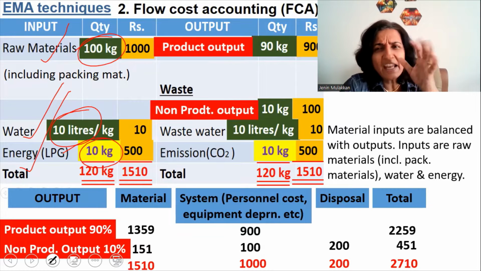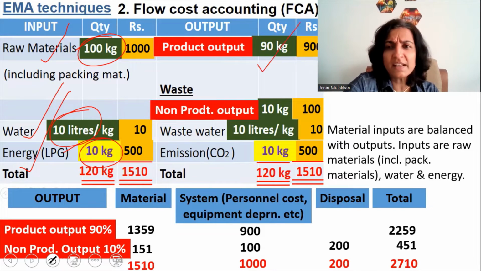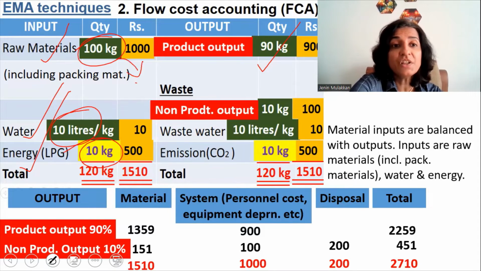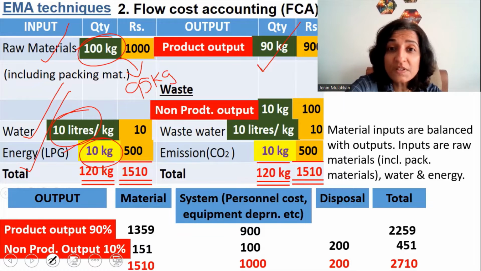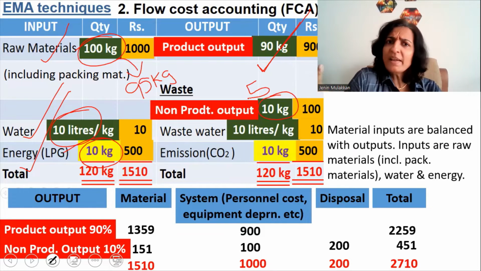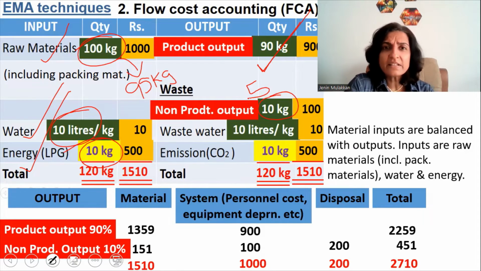If you can reduce any of these materials to produce this 90 kg, just imagine the situation. Instead of using 100 kg, if you can use just 95 kg of raw materials to produce the same quantity of 90 kg, only 5 kg will go as waste, correct? For that, you have to improve the production process. How? By many methods. You can take a new technology, you can monitor the production process and see whether there are any unnecessary wastages. So any method can be adopted to improve the production efficiency.